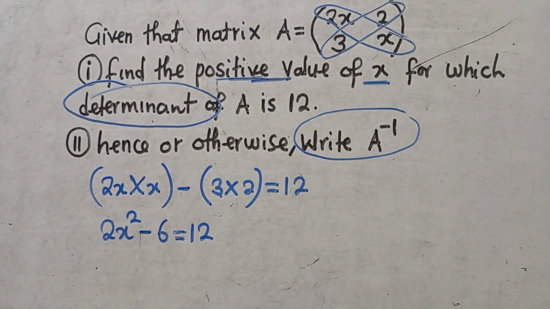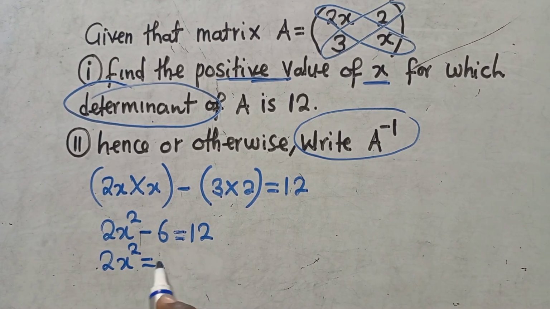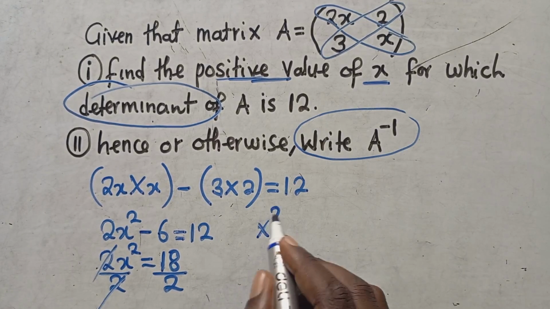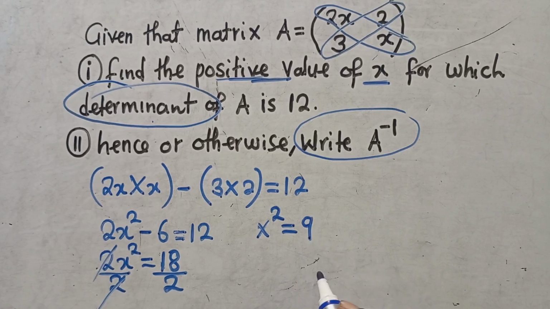So we have 2x squared is equal to 12 plus 6, which is 18. Then I divide by 2 on both sides, and I have x squared equal to 18 divided by 2, which is 9.